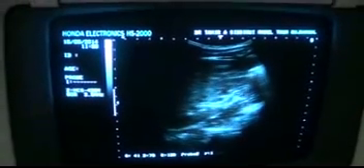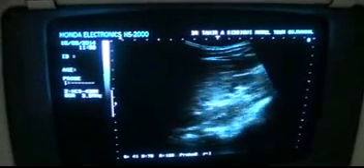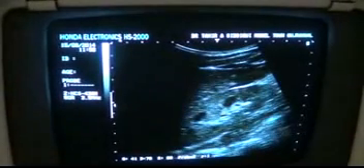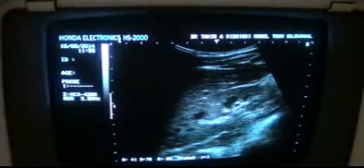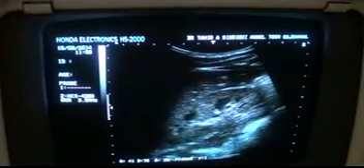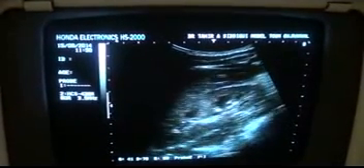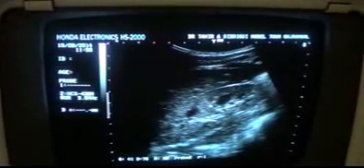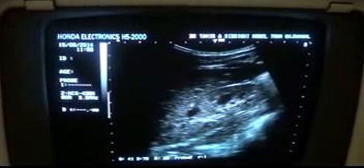Now let us study how to compare the renal parenchyma, the echogenicity of the renal parenchyma. Is it normal? Is it reduced? Is it increased? Now in this patient you can see what's the normal.